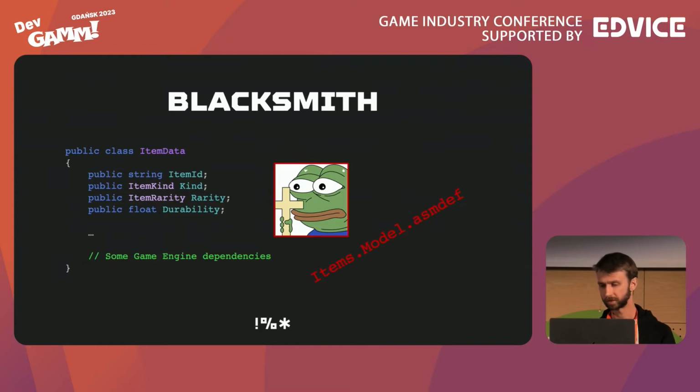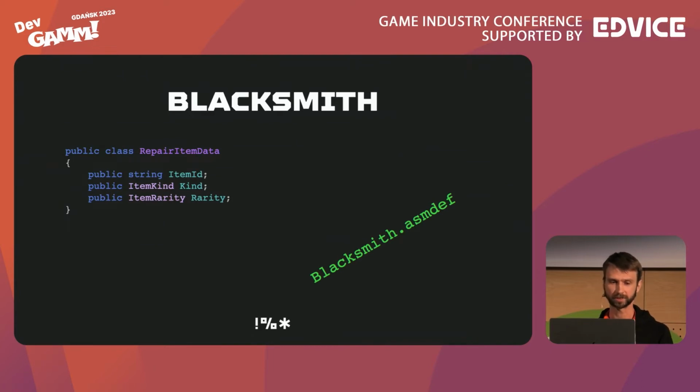What can we do? Basically, we can just create some twin sister. So this will be the repair item data class, which is pretty similar. It will contain all the stuff that we need for our blacksmith to work, but also it will live in a blacksmith assembly definition. So we don't have this dependency to the game engine.